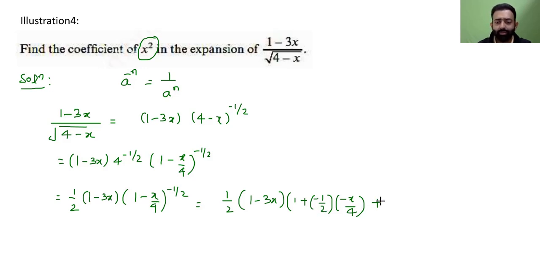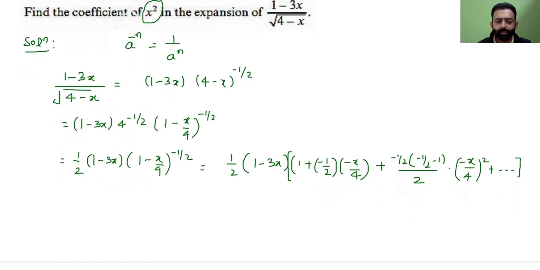So again n into n minus 1, so value of n is minus half, n minus 1 means minus half minus 1 upon 2 into x square, and what is x square? That will be minus x by 4 whole square, and so on. Okay, so this is the expansion for 1 minus x by 4 raised to power minus half.